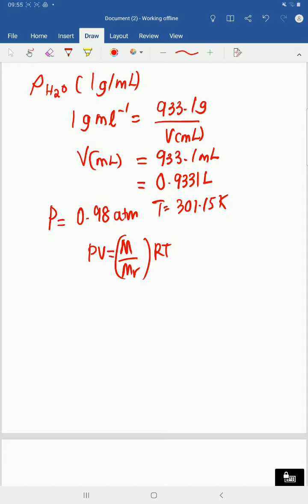This is the formula. I want to get the molecular mass, so mass times RT over PV. Then I substitute.